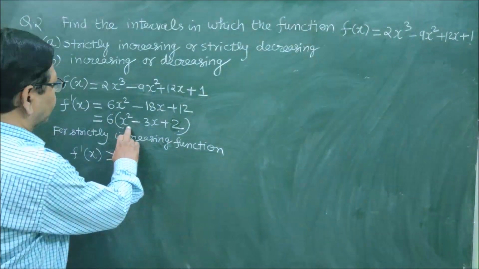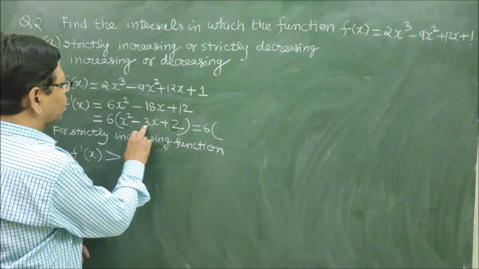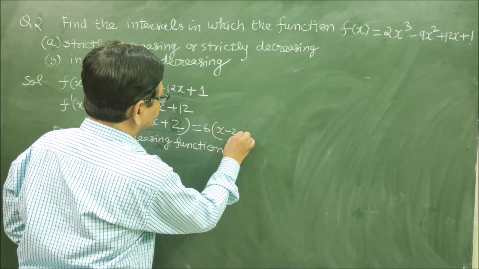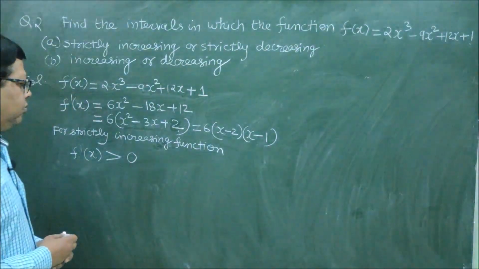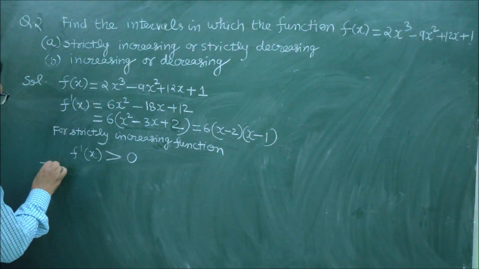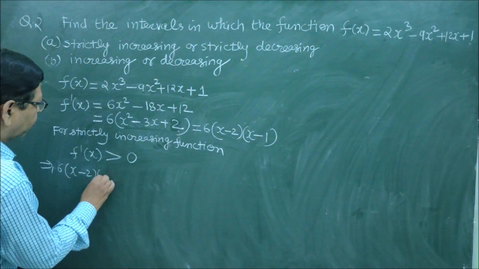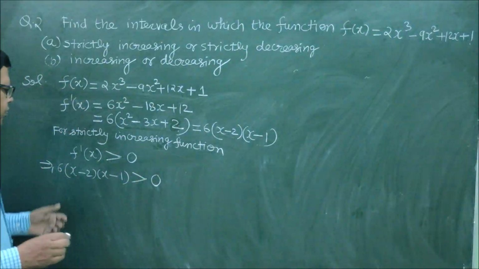Now let us factorize this. 6 into x square minus 3x plus 2, we factorize it, x minus 2 into x minus 1. So for strictly increasing function, 6 into x minus 2 into x minus 1 should be greater than 0.